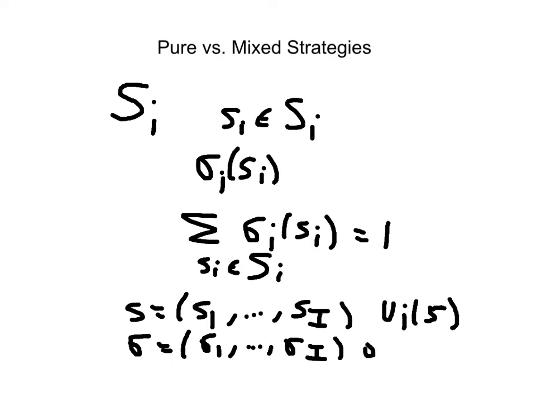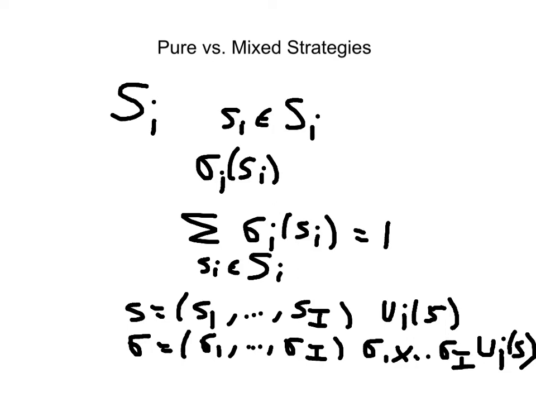So we multiply these together. This is some kind of expected value.